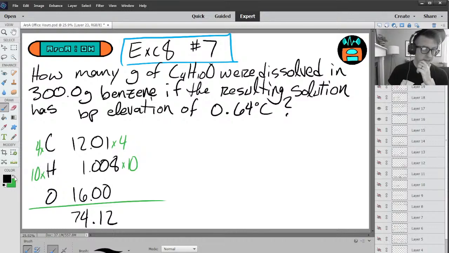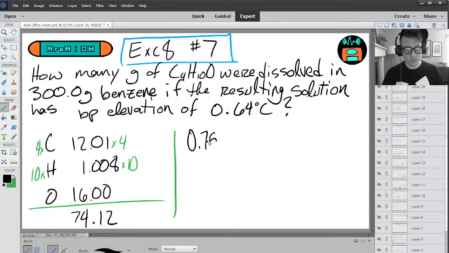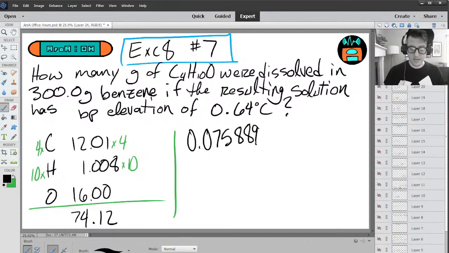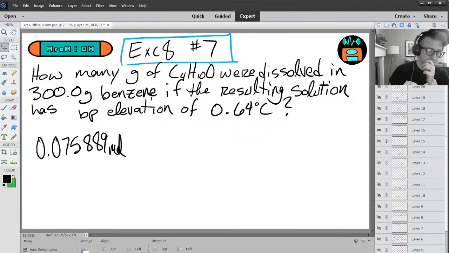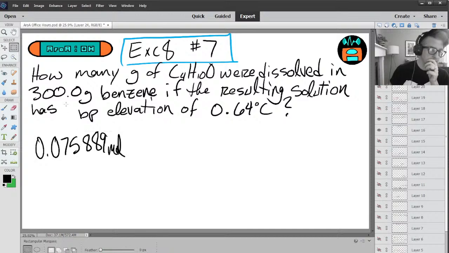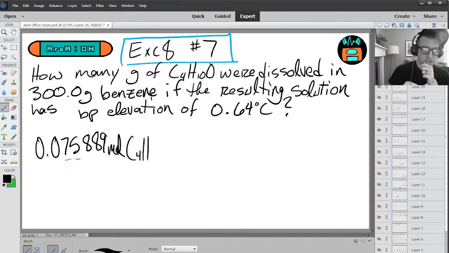So we can now take our moles, which is not 0.75, 0.075889. Actually, I'm going to need this whole row. C4H10O.